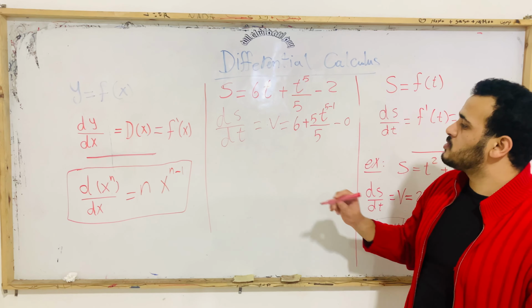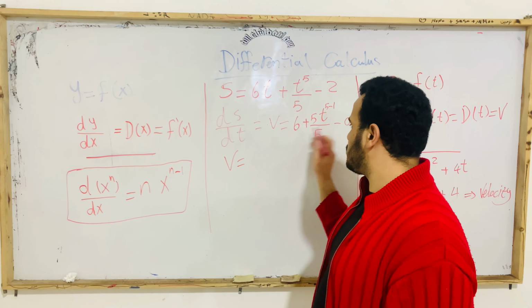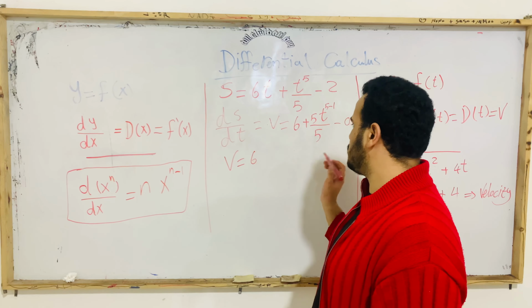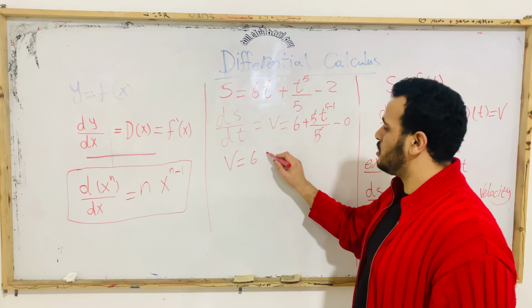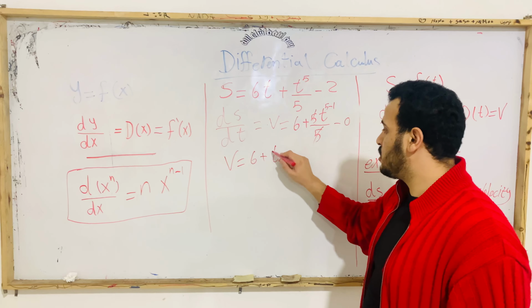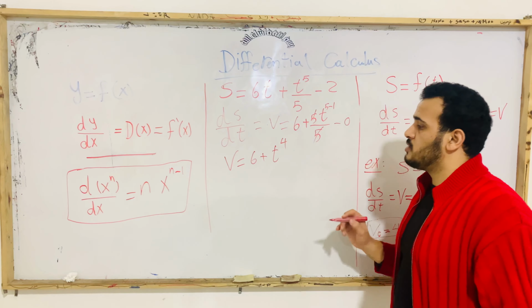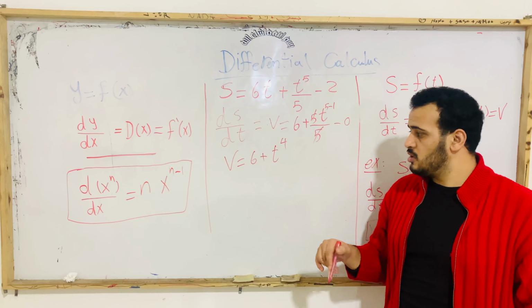So velocity equals 6 plus 0, which is 6 as it is. So 5 crosses out with 5, and it's going to be equal to this plus t raised to the power 4. This is the velocity of this function.